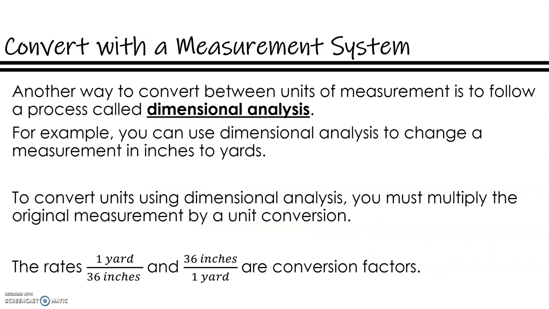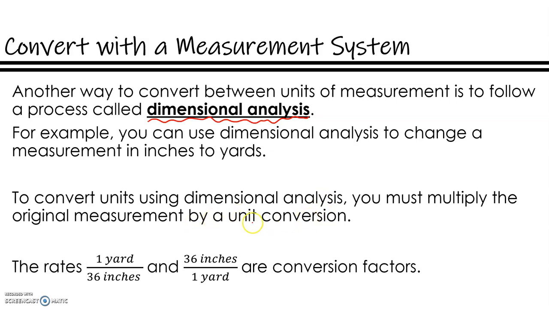Another way to do the same type of thing by converting is a process that you may not have heard of before. It's called dimensional analysis, and that's a super big word, okay? But it's a process that you use to change from, for example, inches to yards.